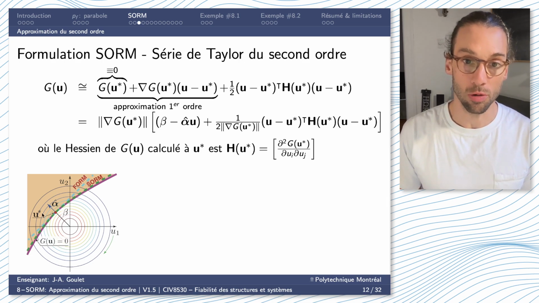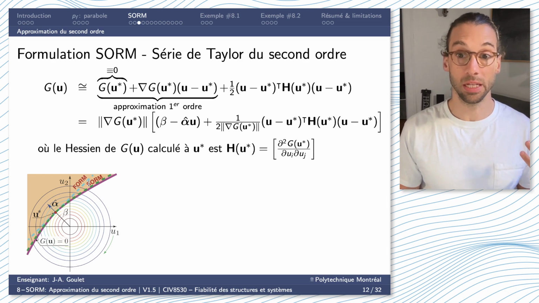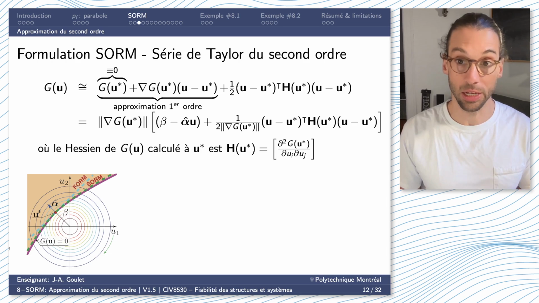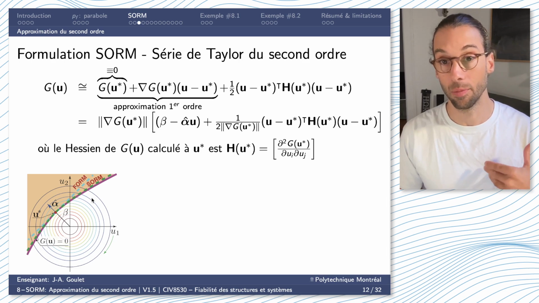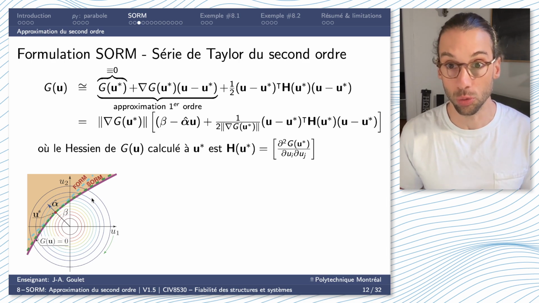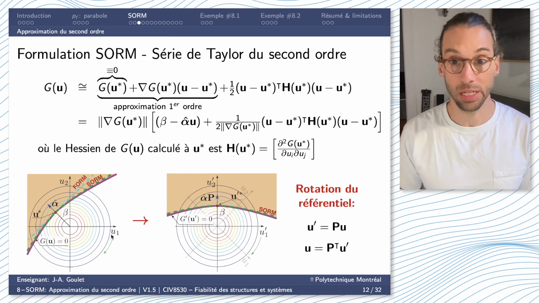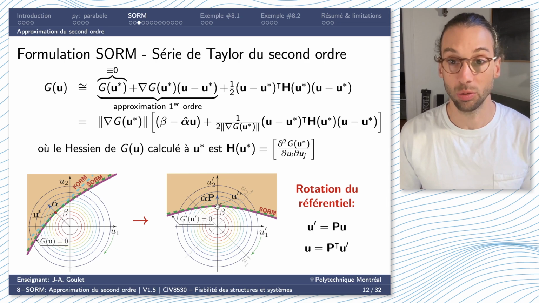With FORM, what we can see here in cyan, we were approximating our limit state function and also our limit state surface by a plane or a line. With SORM, we're going to approximate it by a polynomial of degree 2, in terms of a parabola. So what we're going to do is have a first step as a rotation of referential in order to align everything with respect to a single dimension.